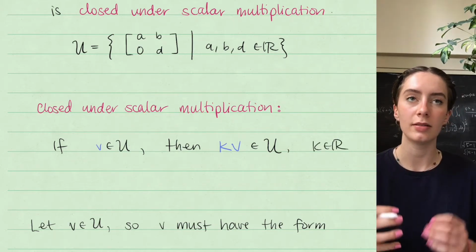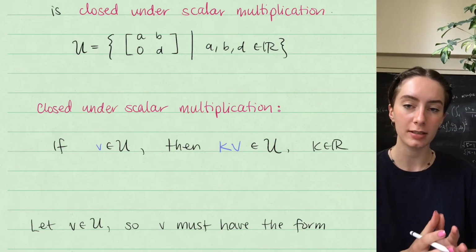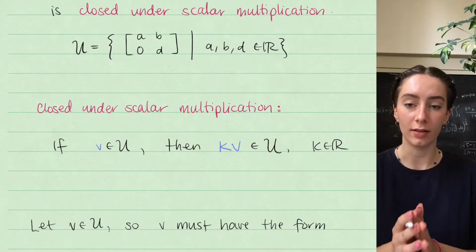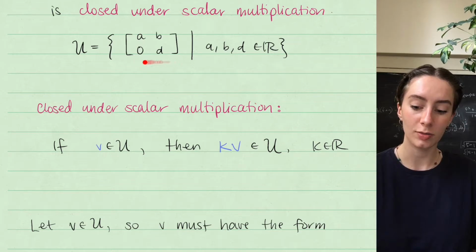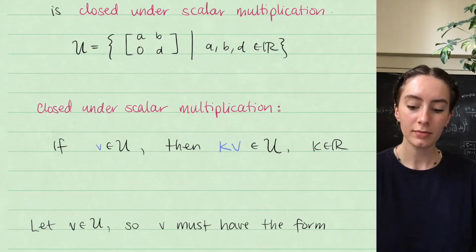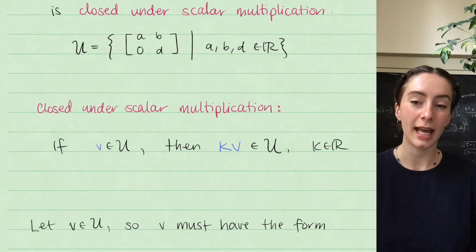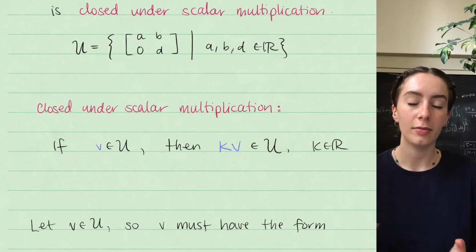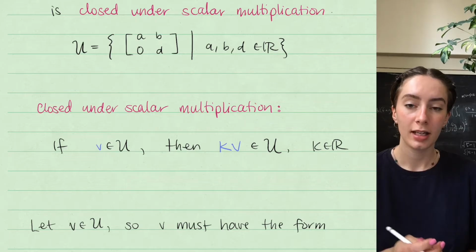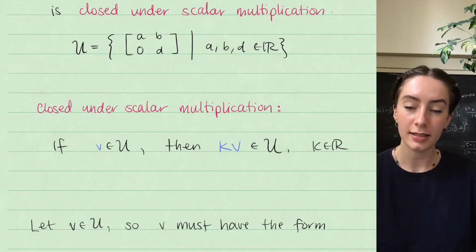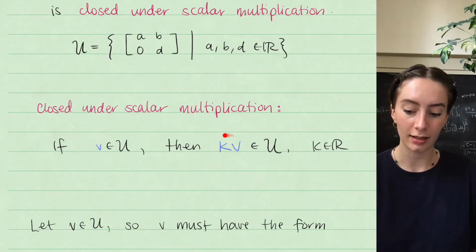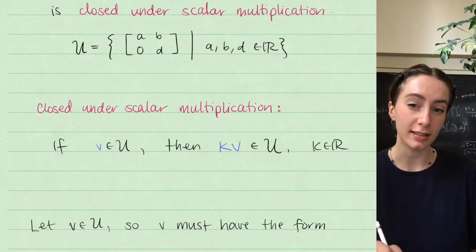So what this is saying is if I have some element in my set, in this case, the elements in my set are 2x2 matrices of this form, and I multiply by some scalar K, by any constant, does that necessarily guarantee that this new element, K times V, is still in the set U?